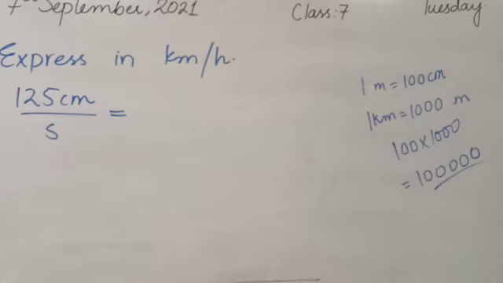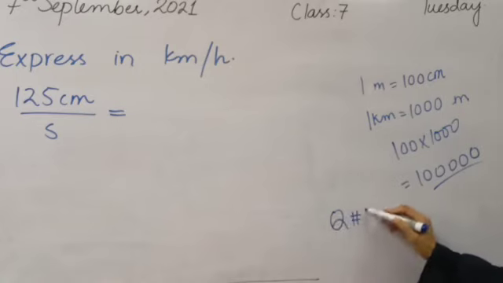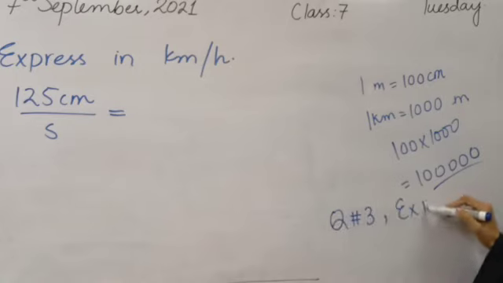Okay? So what was your assignment yesterday? To write the conversion factors and conversions. So first of all, watch the video, revise your concepts of conversions and what are conversion factors, and then do question number 3 of exercise 9D.